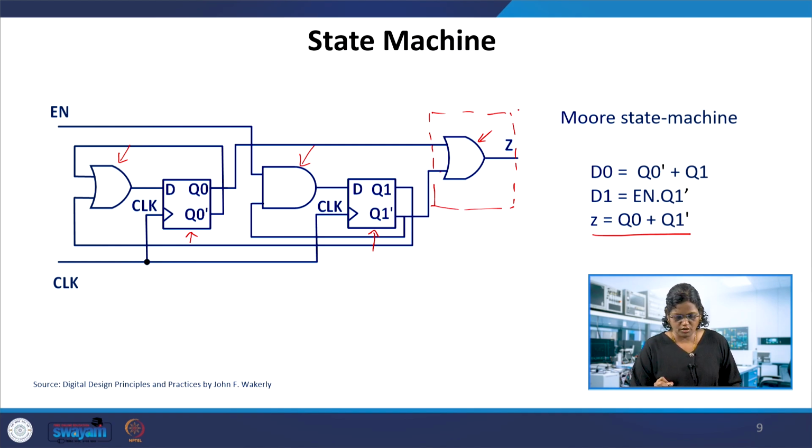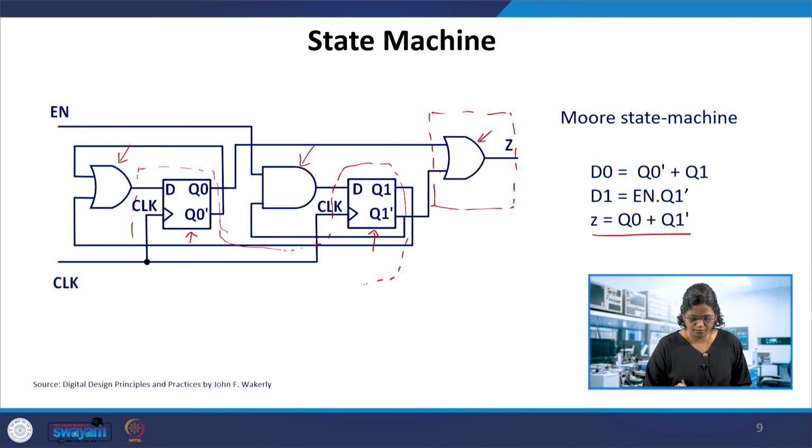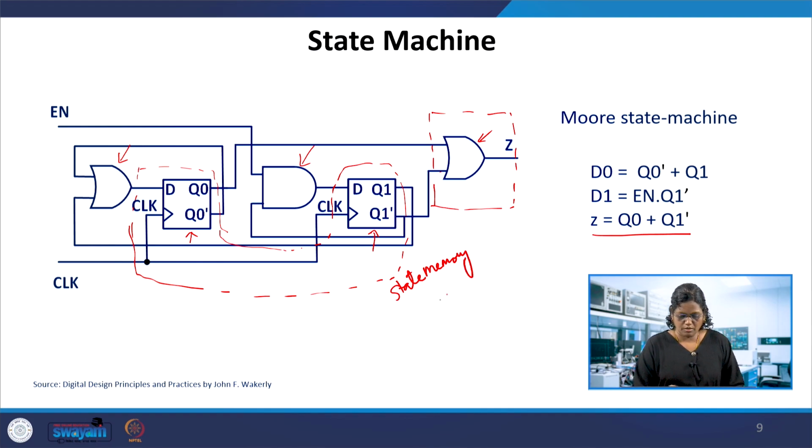So this is the output logic, whereas for the next state memory, only these 2 D flip-flops will make the state memory in this circuit. So the 2 D flip-flops make the state memory, and this is the output logic.